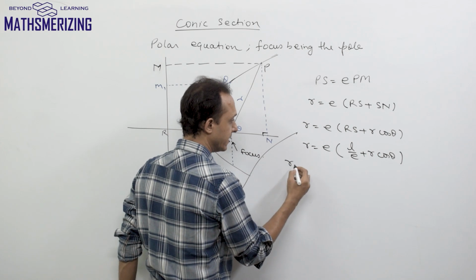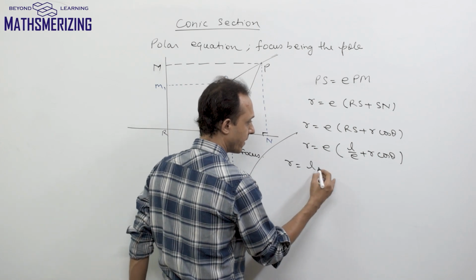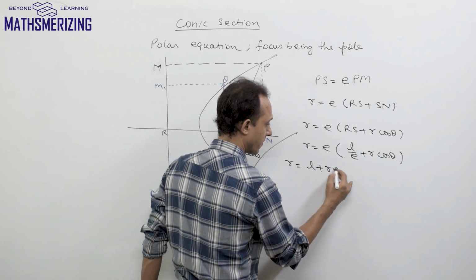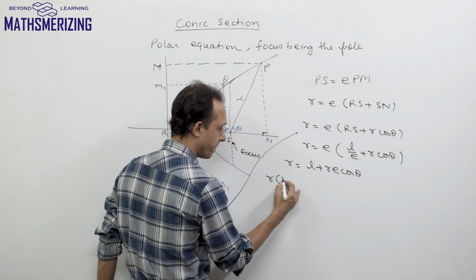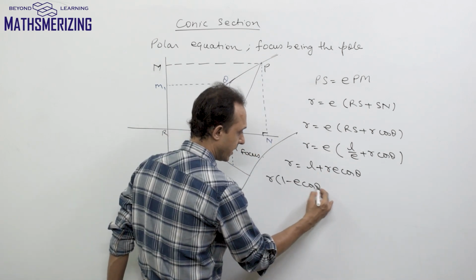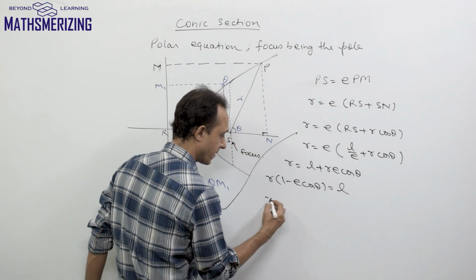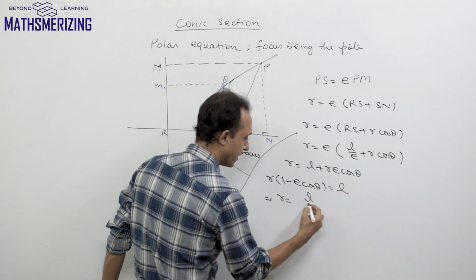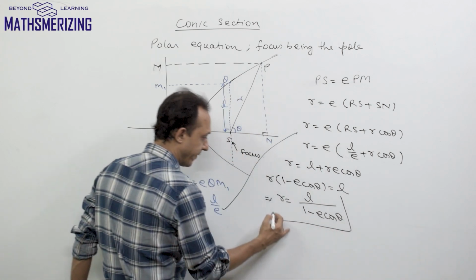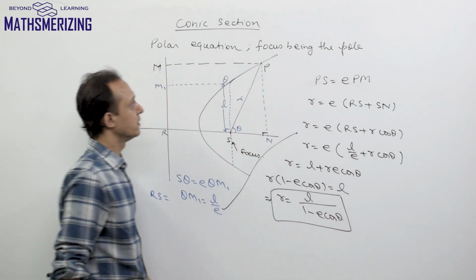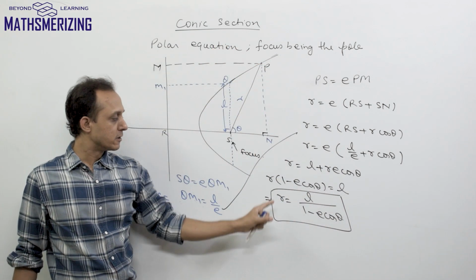So I'll multiply this E inside. So I'll write R equals L plus R E cos theta. So I'll take this R on the left hand side. I'll write R into 1 minus E cos theta equals L, and this is R equals L upon 1 minus E cos theta, and that is the polar equation of conic section taking focus as its pole.